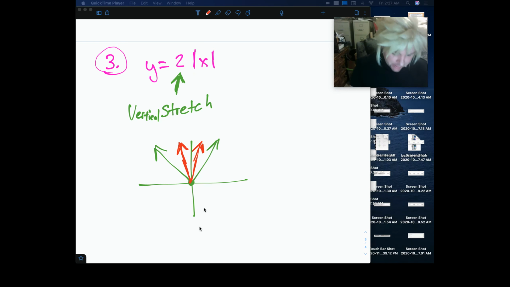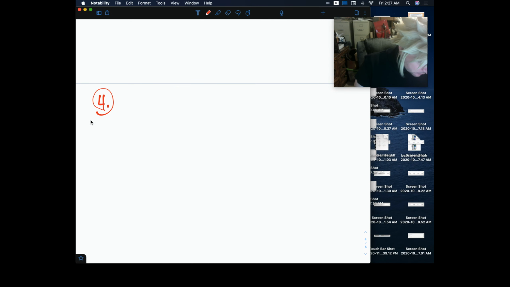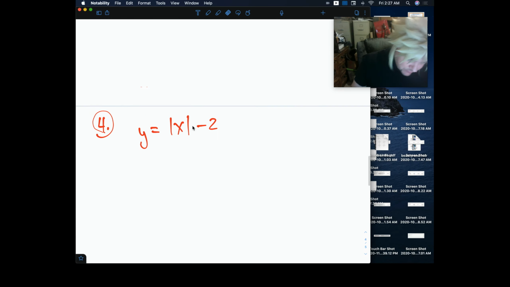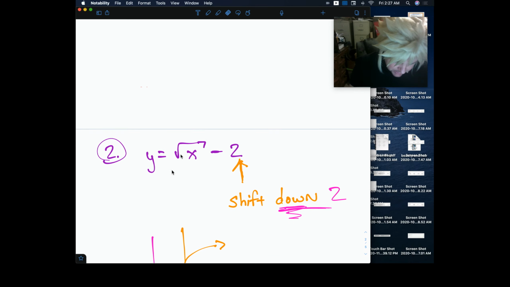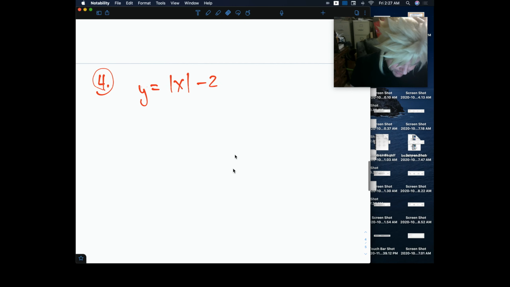This just gets better and better and better. All right, number 4. For 4, we have y equals the absolute value of x minus 2. So this one is very similar to this one, right? It's just a different function, but it's still shifting, it's still minus 2 on the outside.